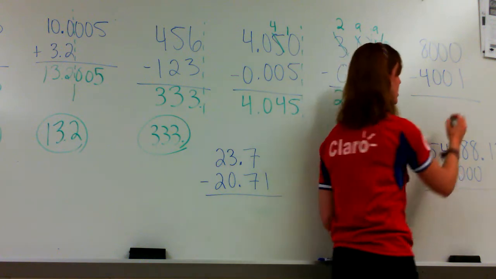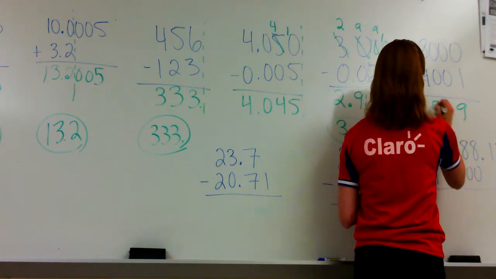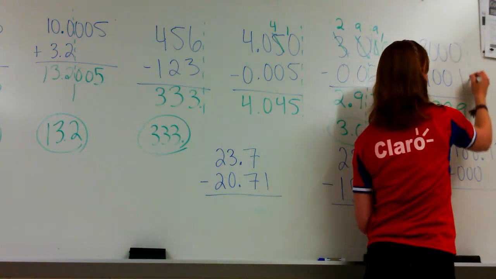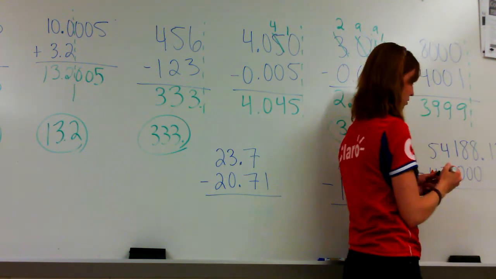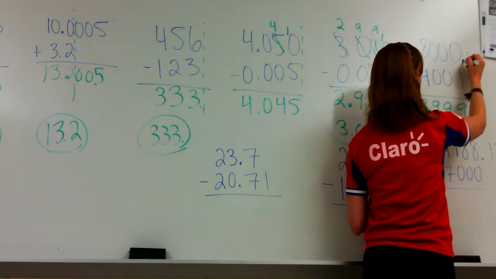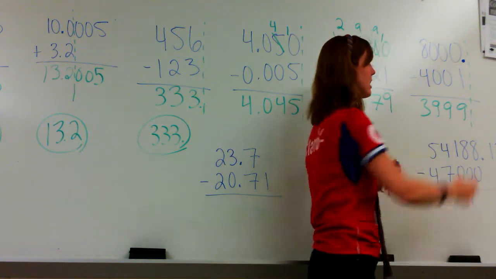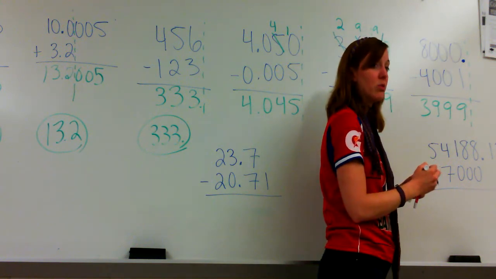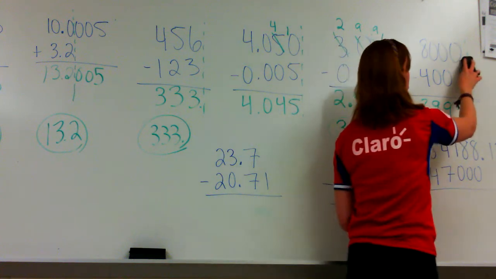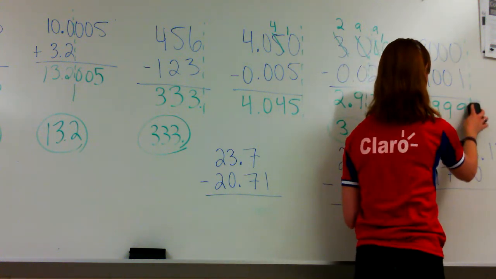8,000 minus 4,001, you will end up with this number. And that's already correct. And in fact, I'm pretty sure the problem had a decimal point right there. In that case, that's where my dotted line would go. Now let's pretend I had it originally written with no decimal point.